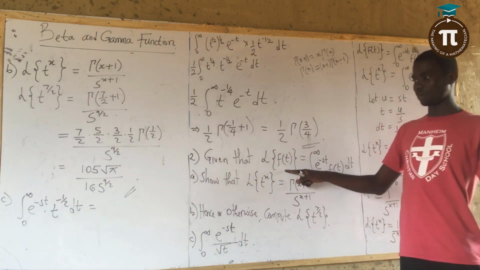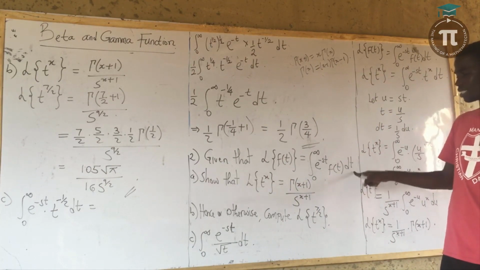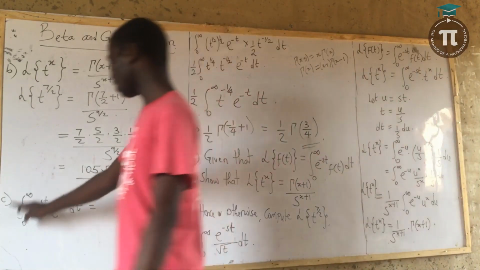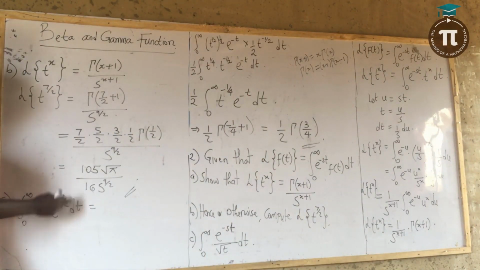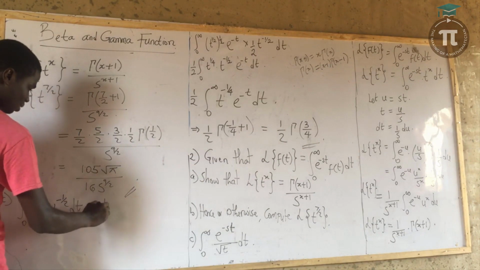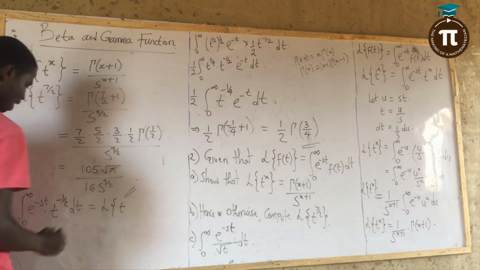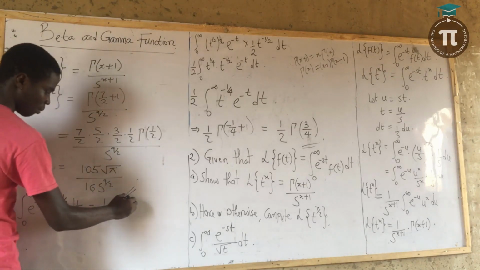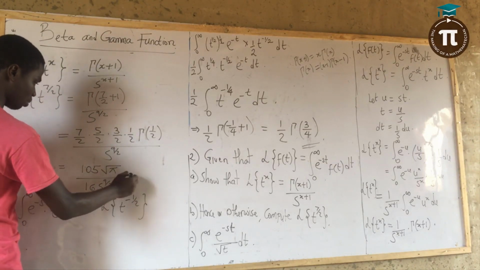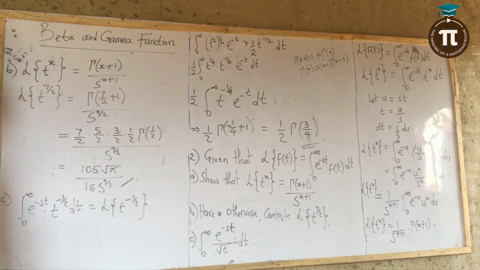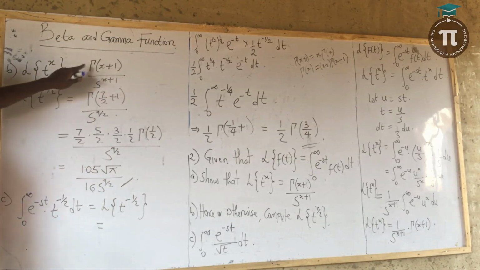And from the definition of the Laplace transform, Laplace of f of t is integral from 0 to infinity of e raised to power minus st f of t dt. So this is exactly the same thing as Laplace of t raised to the power of minus 1 over 2.